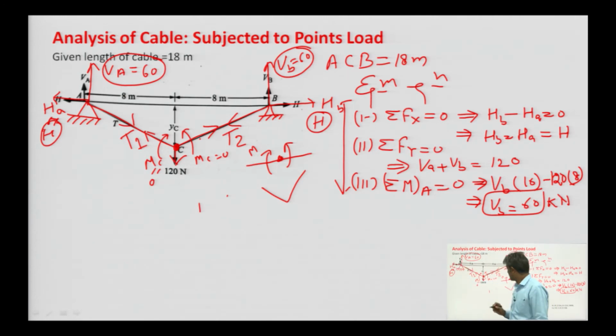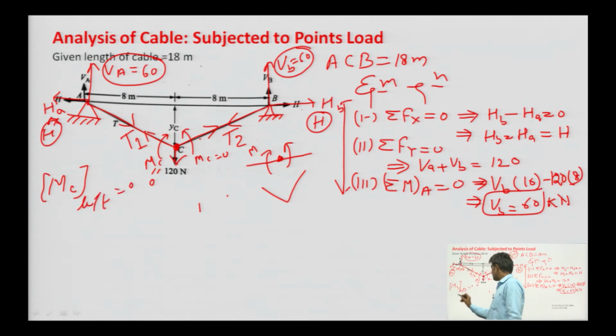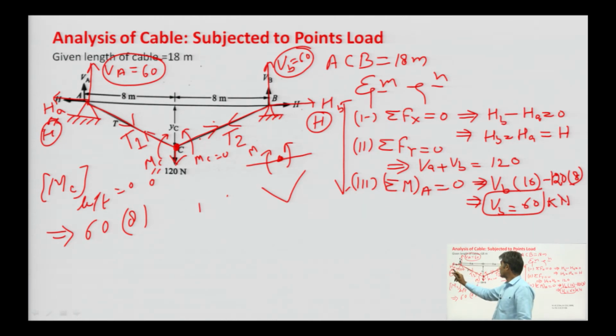So, this additional equation can be used to find the value of the horizontal thrust. Let us apply MC equal to 0 for the left part. What are the forces on the left-hand side? VA into the perpendicular distance of 8. The VA value is 60 into 8, and the direction is clockwise. The horizontal thrust H is anticlockwise, so minus H into the perpendicular distance YC.